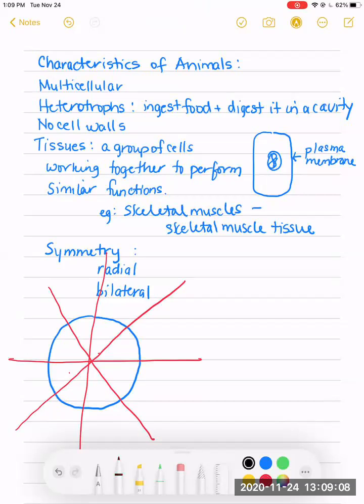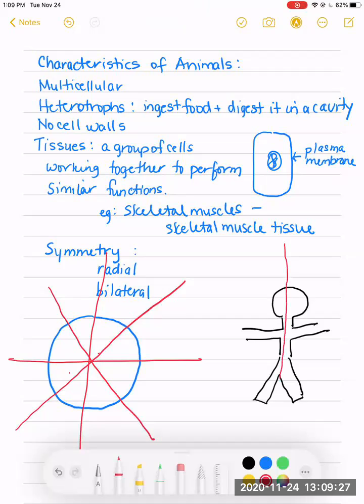Bilateral symmetry, on the other hand, means you only really have two planes that would be identical if you cut the organism. So there's a specific way that you would have to look at it. So for example, in this organism, we could cut it in half, and the two lateral halves, bilateral, would be mirror images of each other.